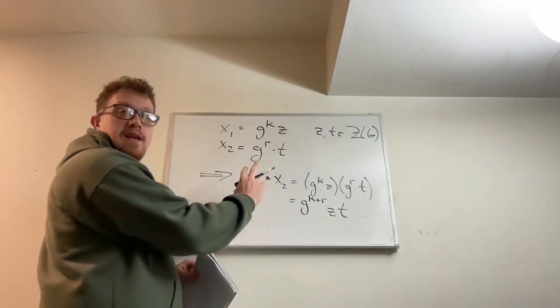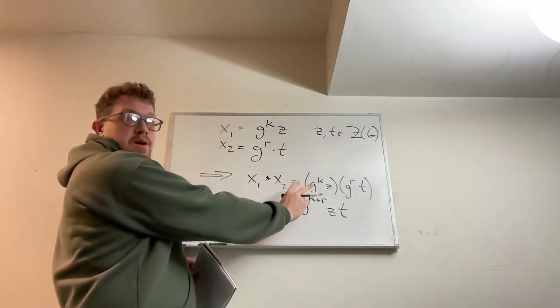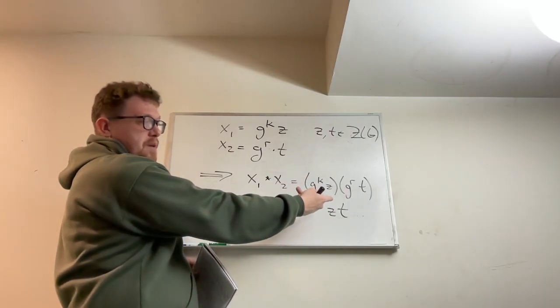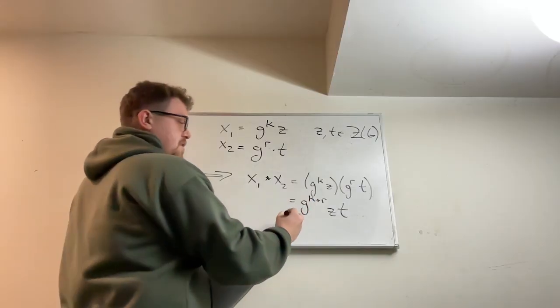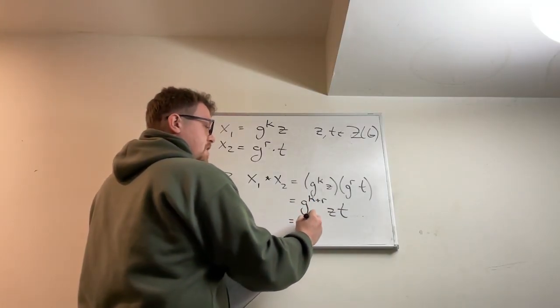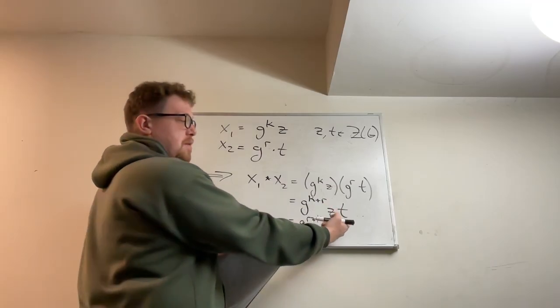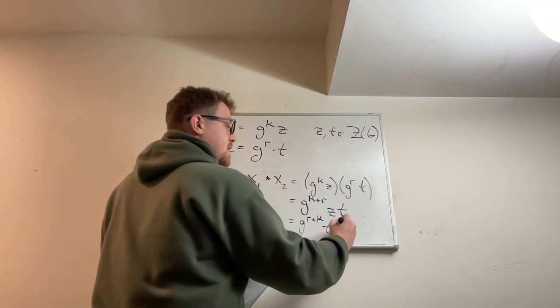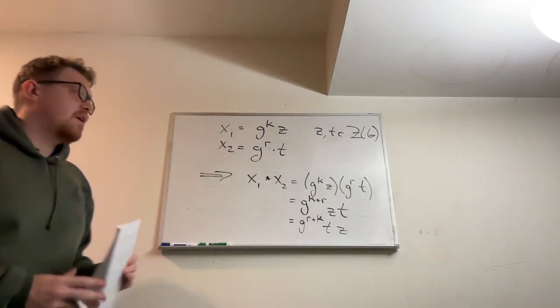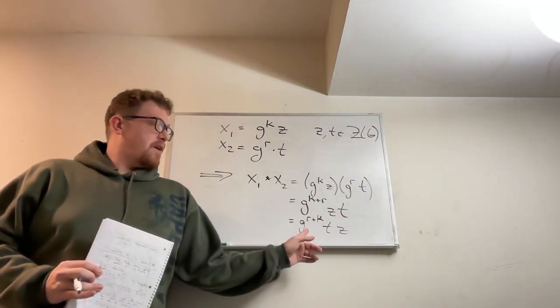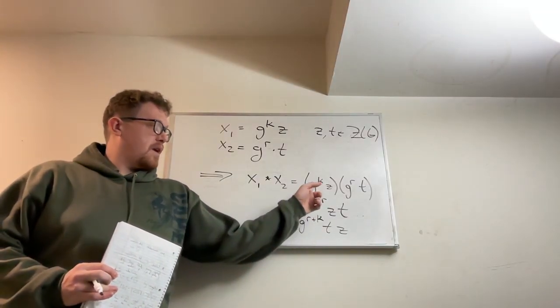Of course, k plus r for two integers, when I'm adding two numbers, that's abelian, right? I can change the order, so this is the same thing as g^(r+k). And I can also change the order of these elements in the center, so t times z. And then I can re-separate this like we combined these before.